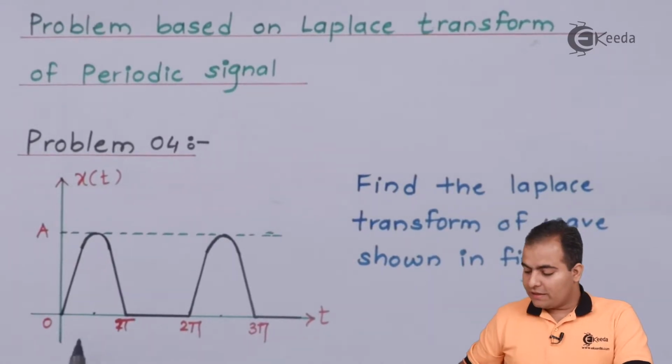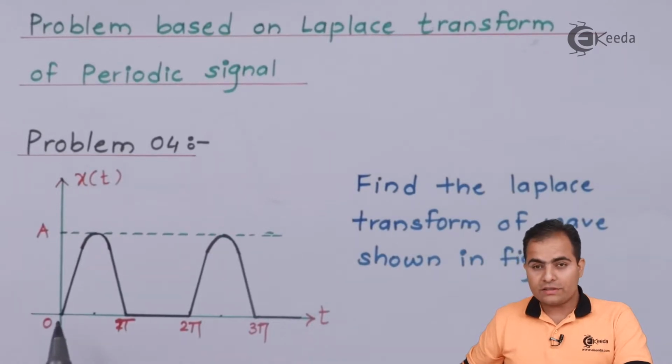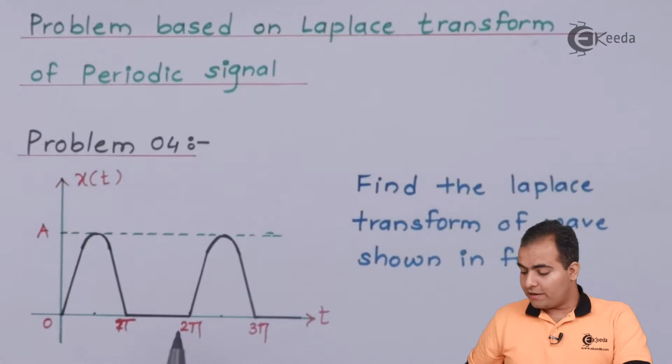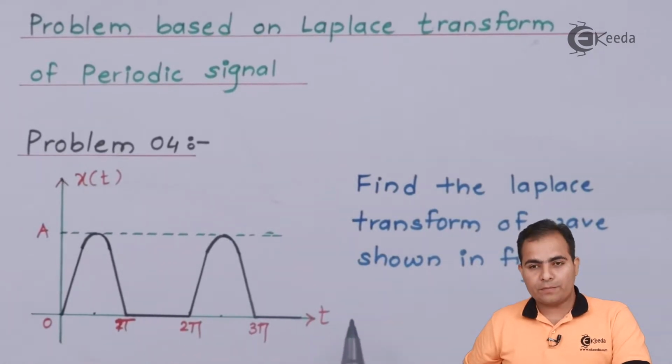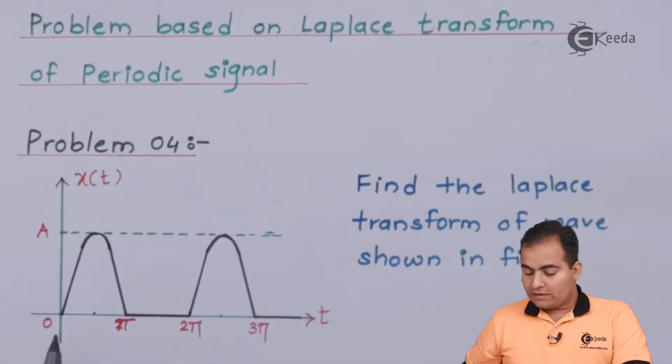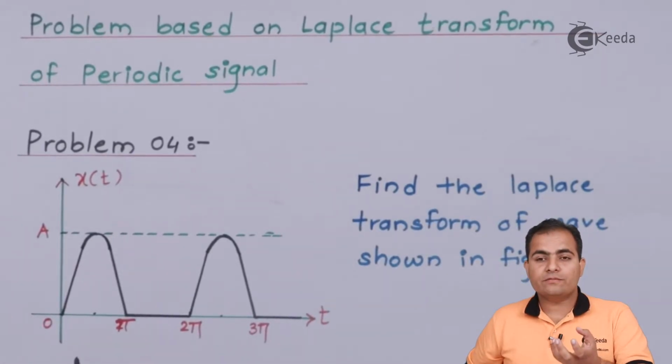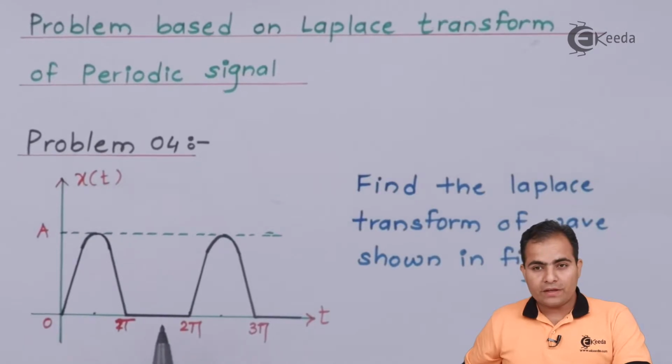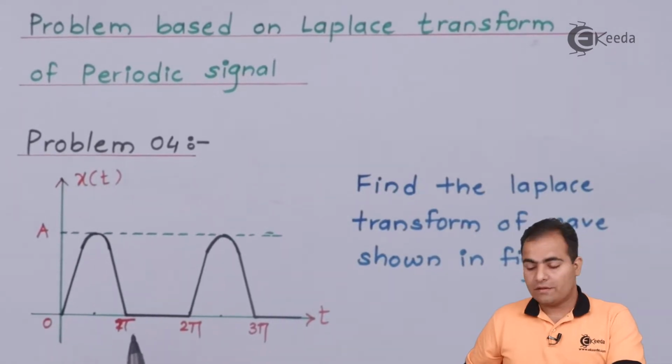In this question the graph completes its cycle at 2 pi, and again it starts a new cycle from 2 pi and moves on till 4 pi, which means this sine wave produces the same values between 0 to 2 pi, and again repeats itself from 2 pi to 4 pi, which means this graph is a periodic signal.